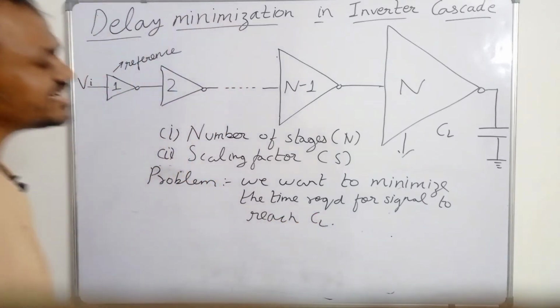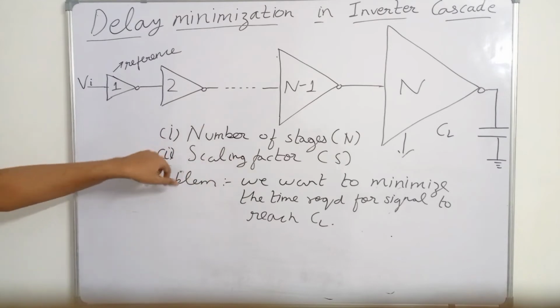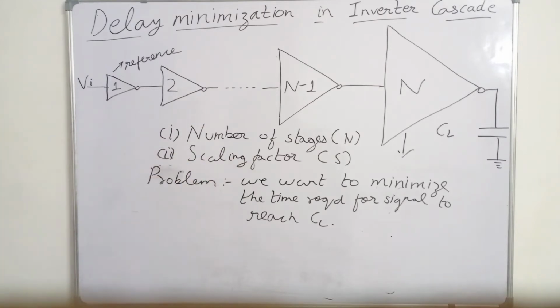This is our problem statement. So we want to find the ideal number of stages n and the ideal scaling factor s, which will help us achieve the minimum time required for the signal to reach the load capacitance CL.